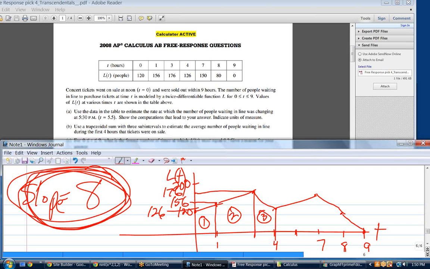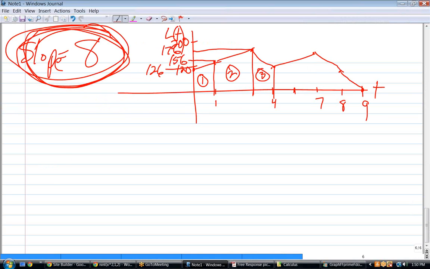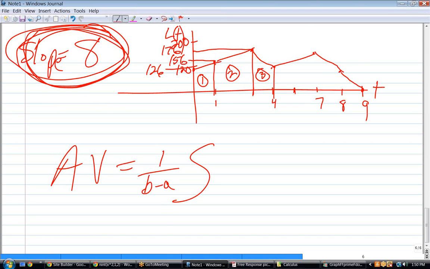So what they're saying is the average number of people in line during the first 4 hours is going to be, what's the formula for average value? The formula for the average value is 1 over b minus a times the area under the curve, the integration equation.